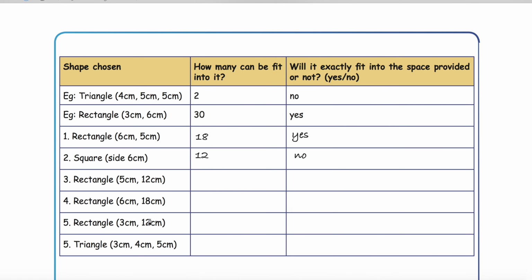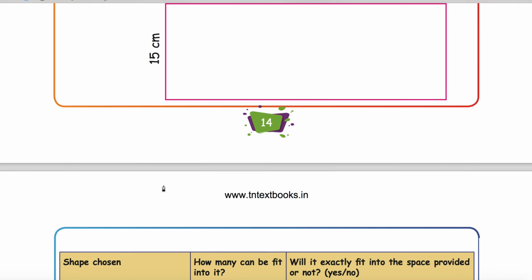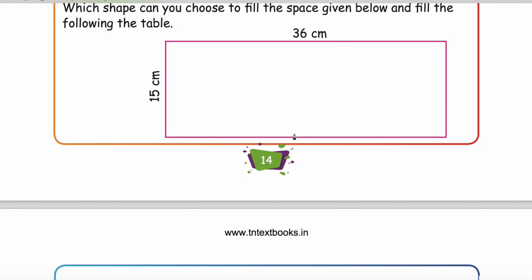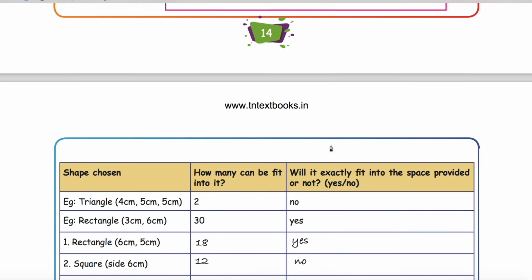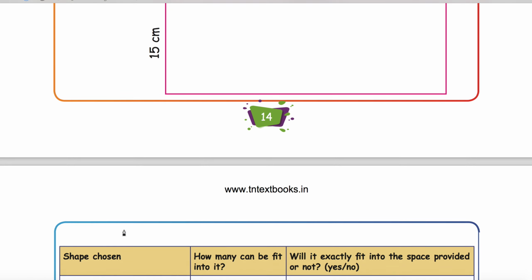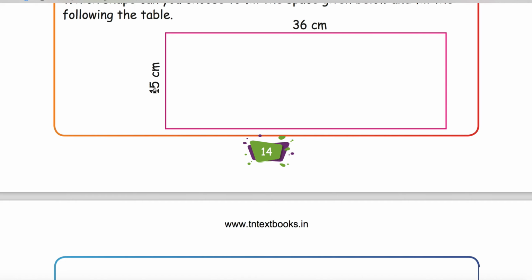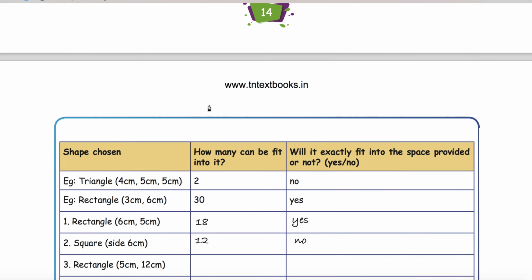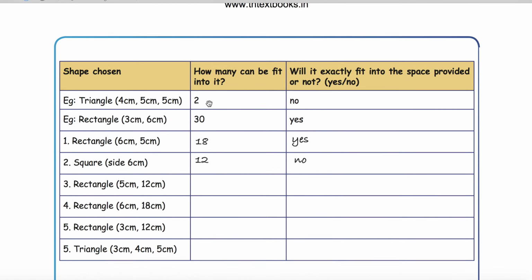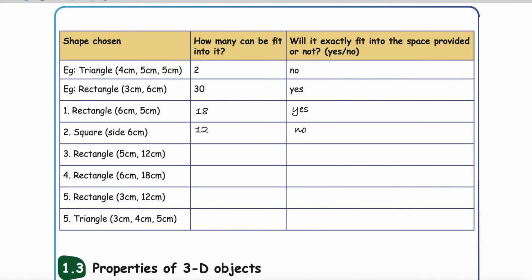If 5 cm is the breadth and 12 cm is the length, then also it cannot be used to fill the complete area. No, 12 by 3 is 36, right? And this one 5 cm. 15 by 5, 3, right? 3 by 3, 9 are sufficient in that case. If 12 is the length and 5 is the breadth, then you can use 9. Yes, it will completely fill up the space.